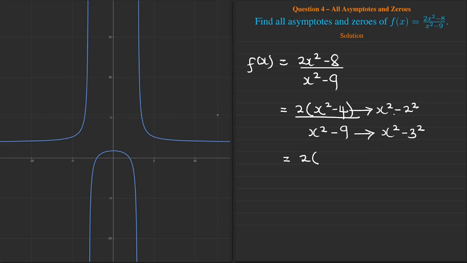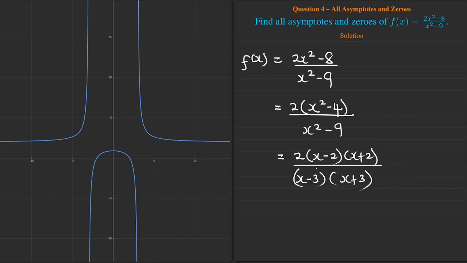So using our idea on difference of 2 squares, we have x minus 2 and x plus 2, all over x squared minus 3 squared giving us x minus 3 in one bracket and x plus 3 in the other bracket.